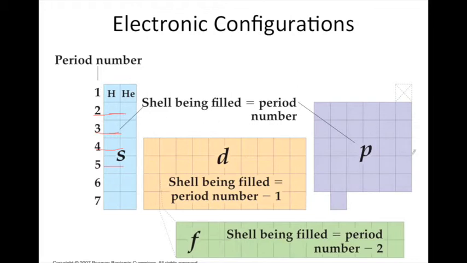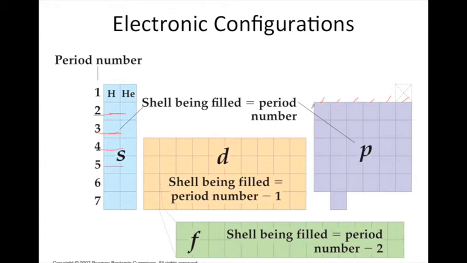Over here, let's call this the p block. Here, the p orbitals are being filled. Again, there are three p orbitals, and each one can hold 2 electrons, so we can fit 6 electrons into the three p orbitals. So we have 1, 2, 3, 4, 5, 6 groups here.